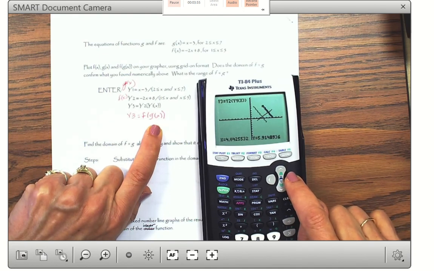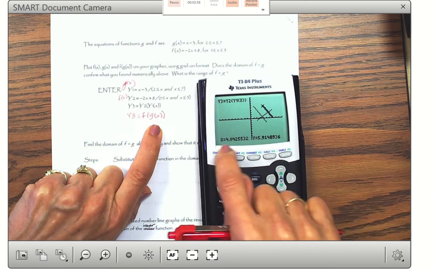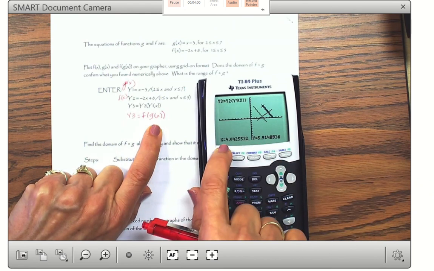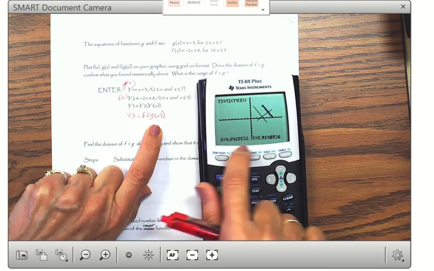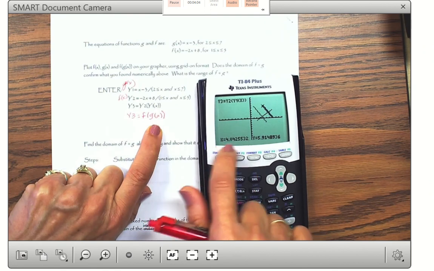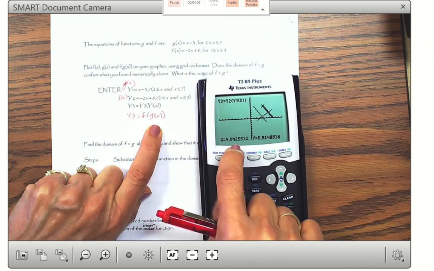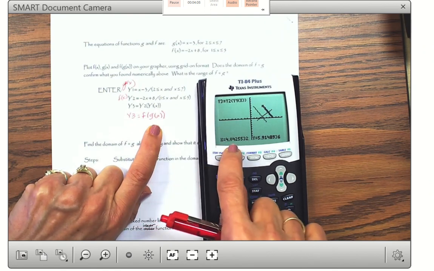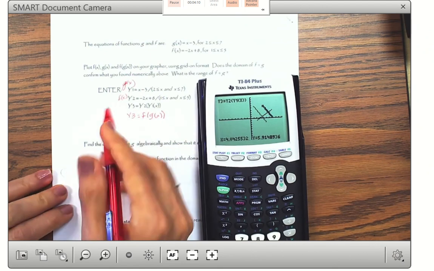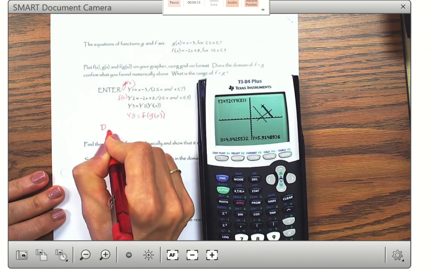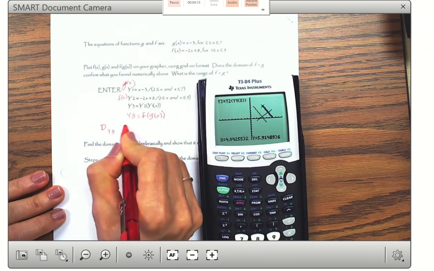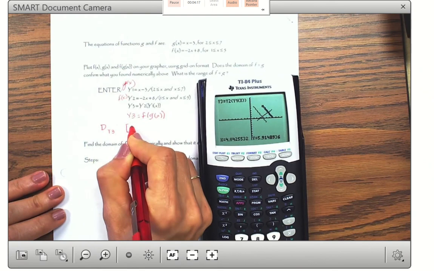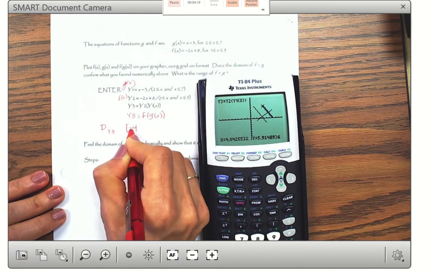So the first place where I get a y coordinate is when x is just a little over 4. Since I'm estimating from this graph, remember you're smarter than your calculator, I'm going to estimate that my domain for y3 is going to have a low x of about 4.